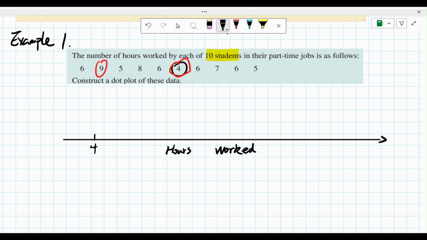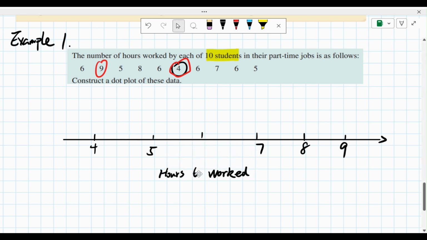So we can do 4, 5, 6, 7, 8, and 9. I move the label hours worked a little bit here. Perfect. And I move the 6 to here.